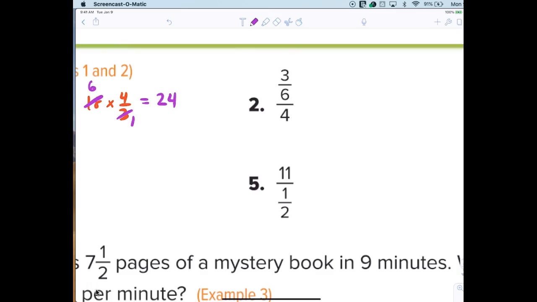You're going to pay attention and listen closely to number 2, and then you'll know how to do number 1. All right? So here we go. I need someone to tell me. So it's just 3 divided by 6 over 4. Now, again, I like what you just said. It's kind of hard to see, so I'll make it so we see it.